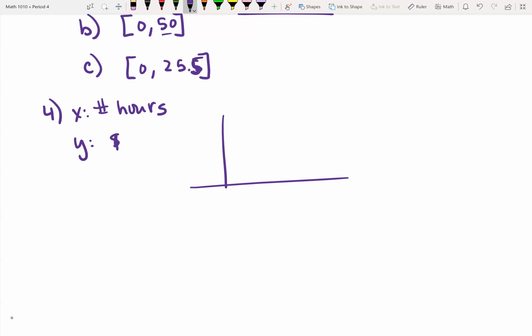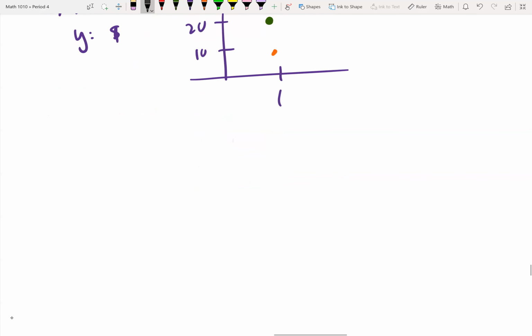It is not a function, because if, say this is 10 and 20 and this is 30, and Bob makes 10 bucks an hour, and then right here in green, Shelly makes 20 an hour, and then Mary makes that, it's not a function, because you're going to work 1 hour. And if you're doing all 3 people on one graph, it's not going to pass the vertical line test, okay? So that's the why not.